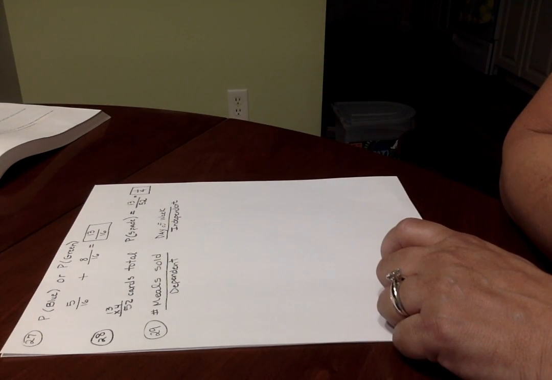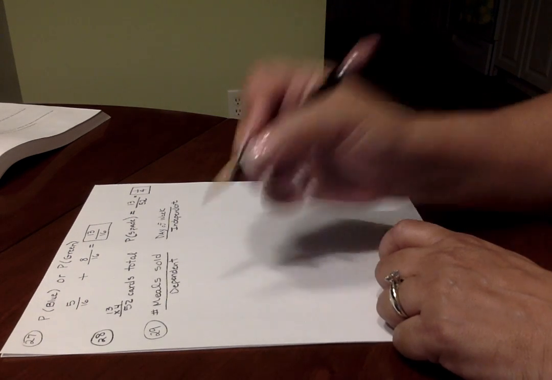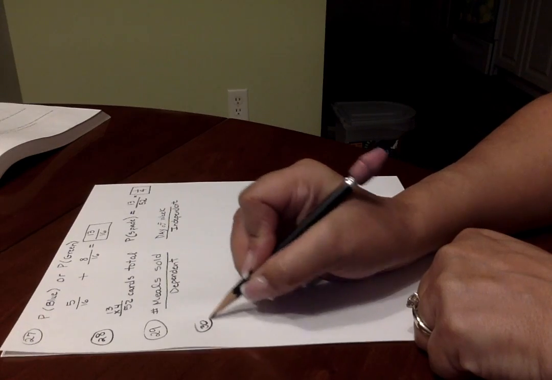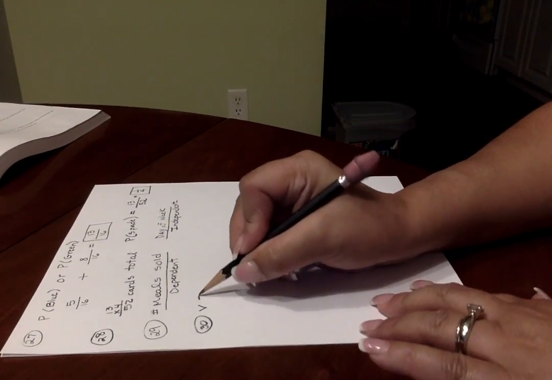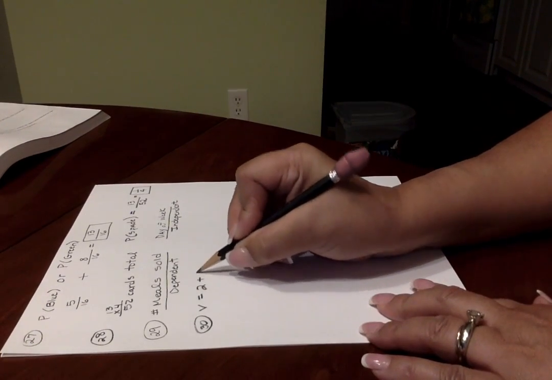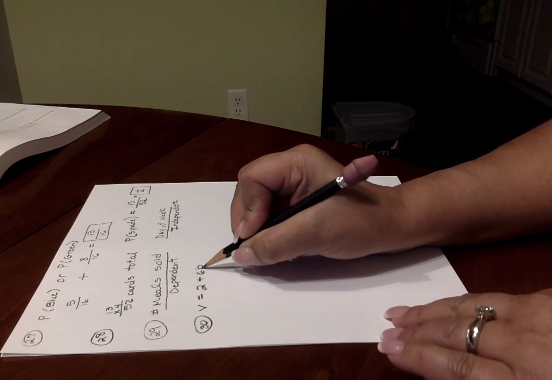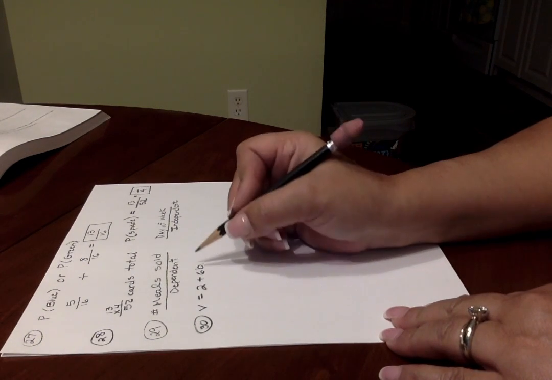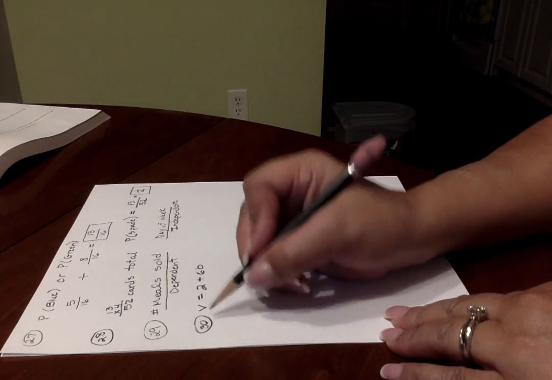Okay, problem number 20. Oh, that was 29, number 30. So in 30, you are given an equation. V is equal to 2 plus 6B. V is the value of the output.